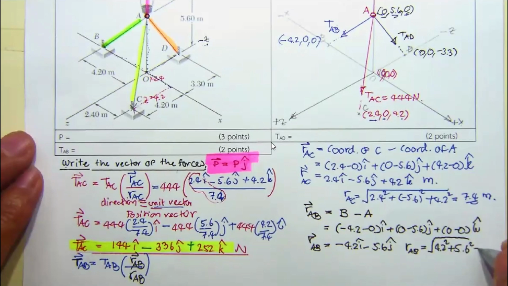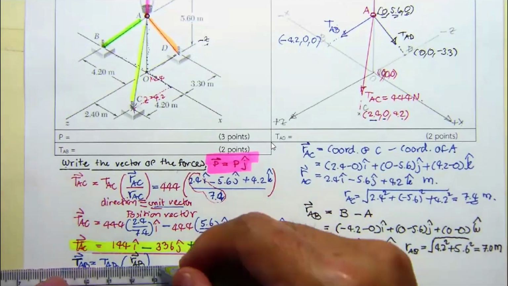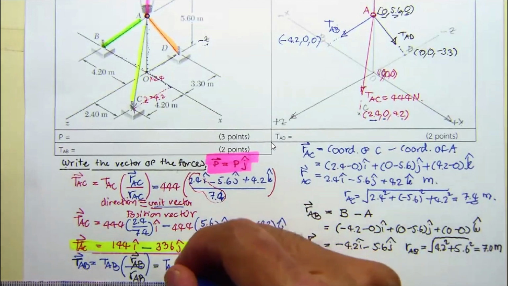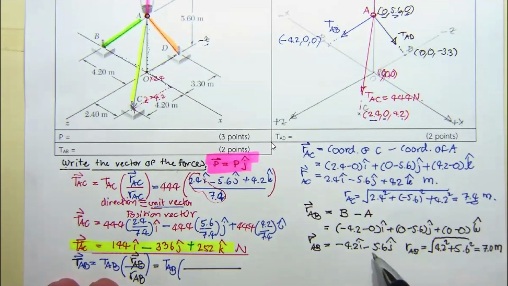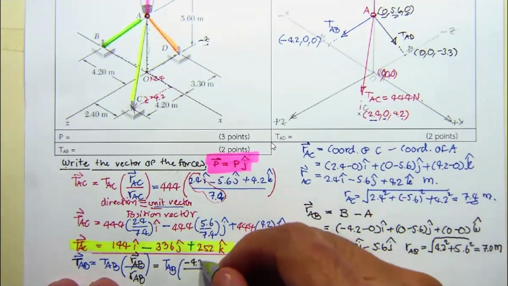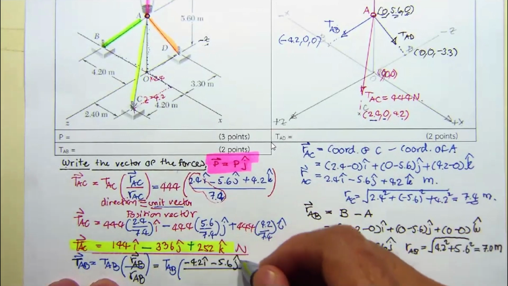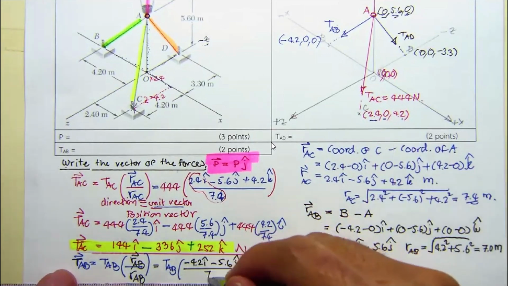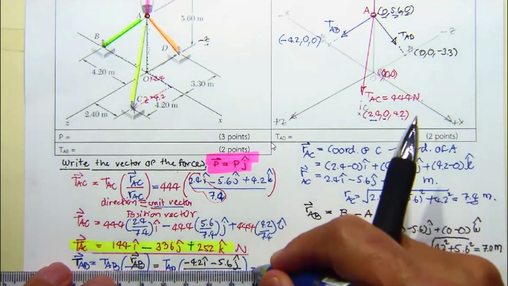Okay, we have this one to be 7.0 meter. Then coming into T sub AB, on top we have only two terms, minus 4.2 I minus 5.6 J, and then just divide by 7.